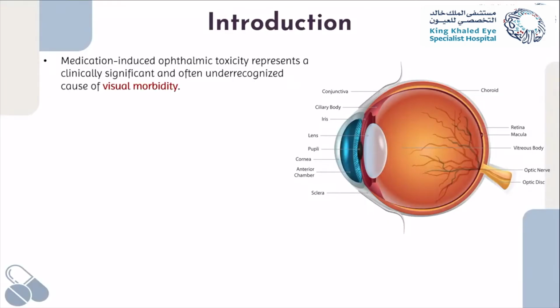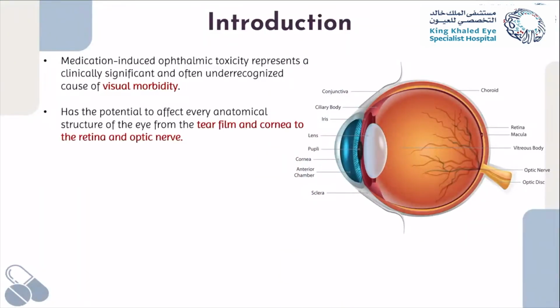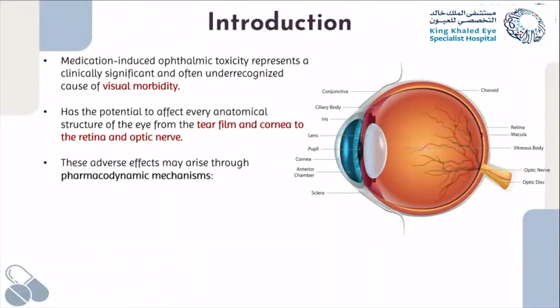So first of all, medication-induced ophthalmic toxicity represents a clinically significant and often under-recognized cause of visual morbidity. It has the potential to affect every anatomical structure, from the tear film and the cornea to the retina and the optic nerve.